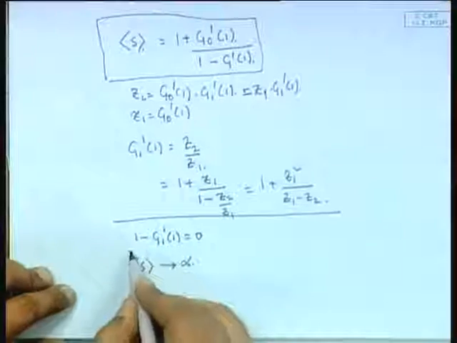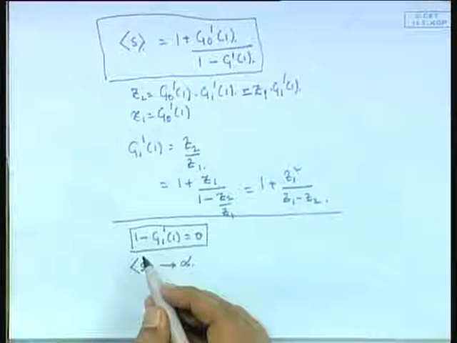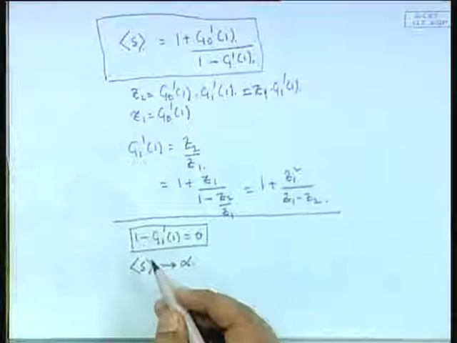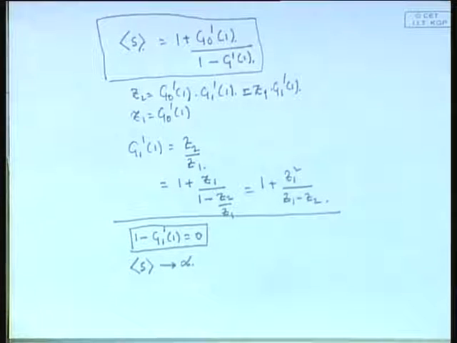When there is an existence of an infinite component. That means, when there is an existence of a giant component. So, this condition gives us the exact condition or exact formula where the giant component emerges.